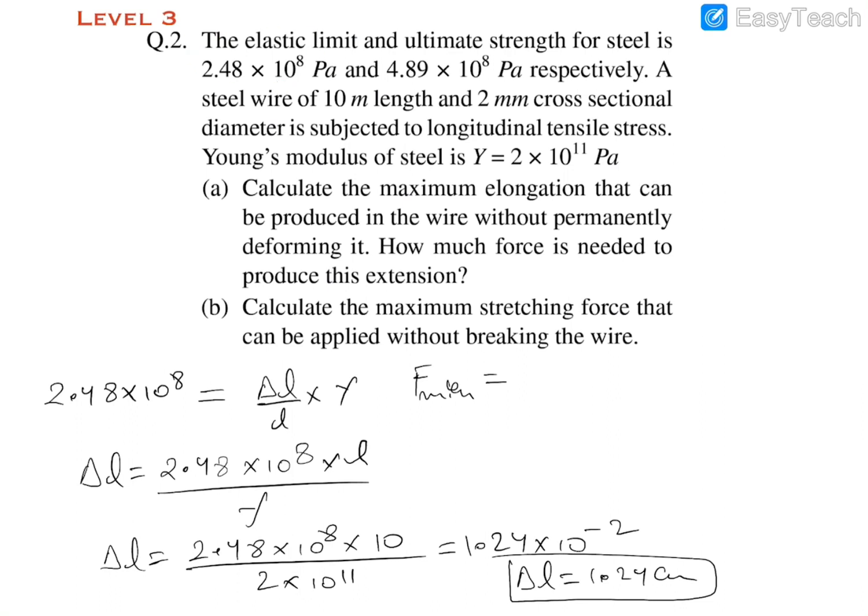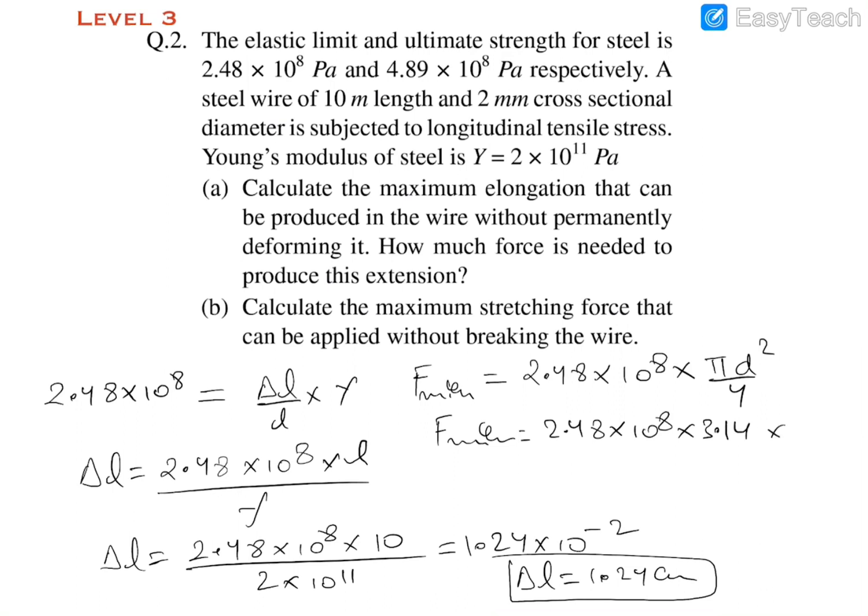So the force will be elastic limit stress 2.48 into 10 raised to power 8 into the area, and the area of this will be pi d square by 4. Now this minimum force required will be 2.48 into 10 raised to power 8 into 3.14 into d square, which is 4 into 10 raised to power minus 6, upon 4.